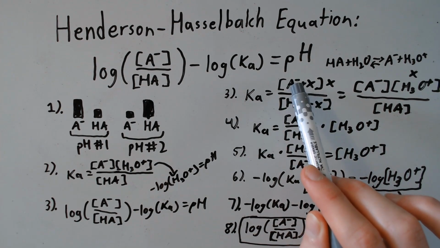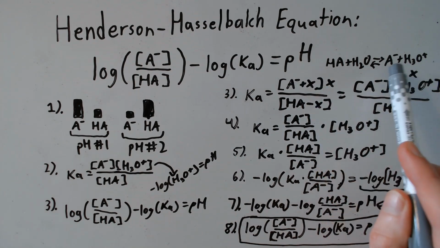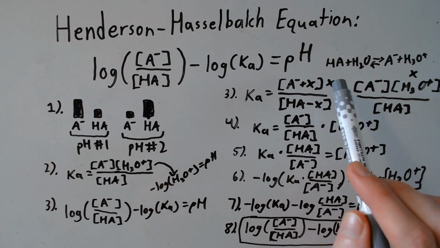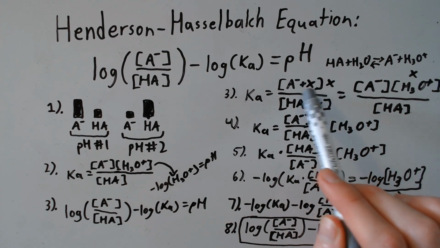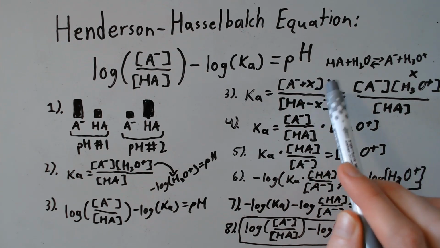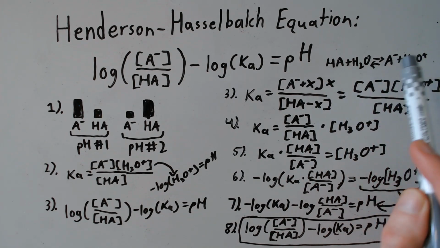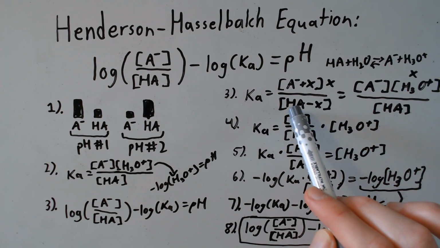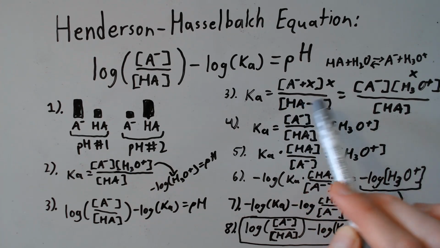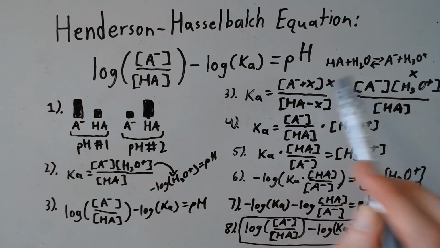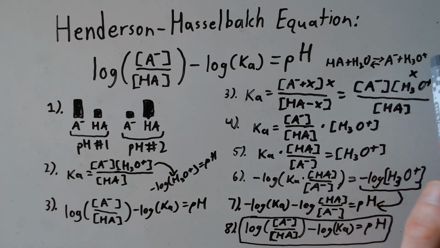So A minus plus X, because we don't know how much of this additional A minus was made, times X, because the additional amount of A minus that was made equals the additional concentration of H3O+ that was added, because they're in a 1-to-1 ratio. So for every X of this HA that dissociates, an X amount of additional A minus is added and an X amount of H3O+ is made, because originally there was virtually none of this H3O+.